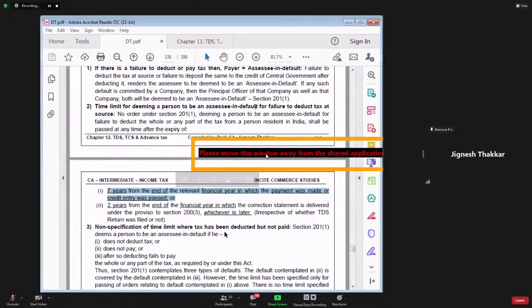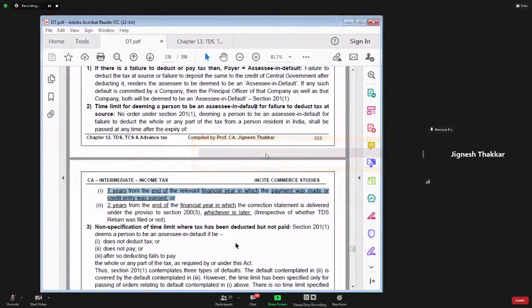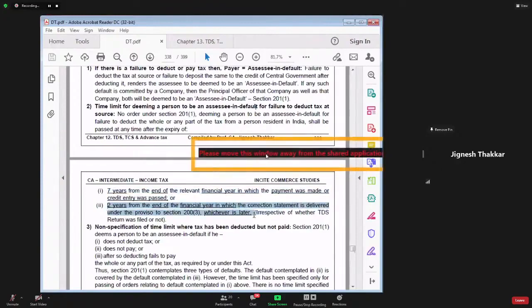TDS is required to be deducted in a lot of sections at the time of payment or at the time of credit, whichever is earlier, right? So, from the end of the year in which that credit entry was passed or payment was made, within 7 years from the end of that year, or 2 years from the end of the financial year in which the TDS return is filed, or if the TDS return was filed wrongly, then the rectified TDS return is filed.